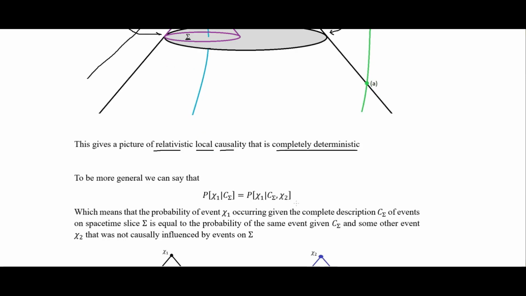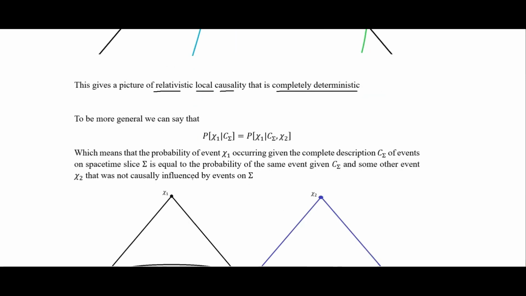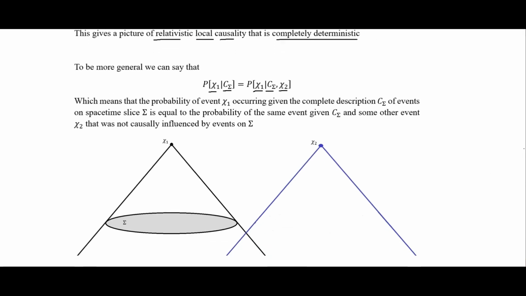And so to be more general, we can say that the probability of some event chi, given the complete description of a part of its past light cone sigma, will be equal to the probability of chi given that complete description and this other event chi here that is not in the light cone.